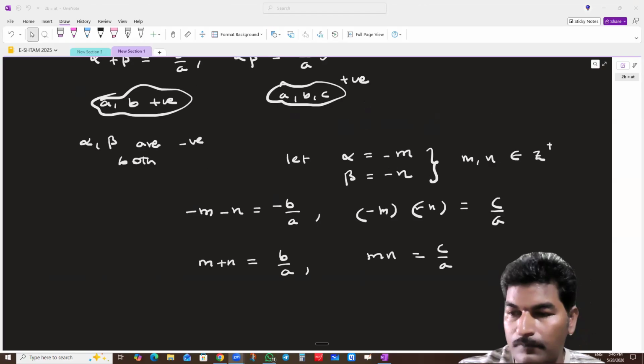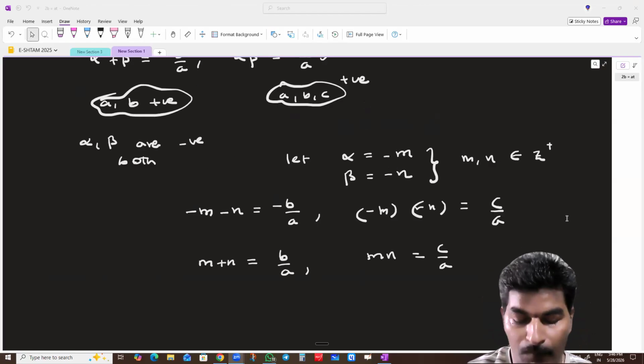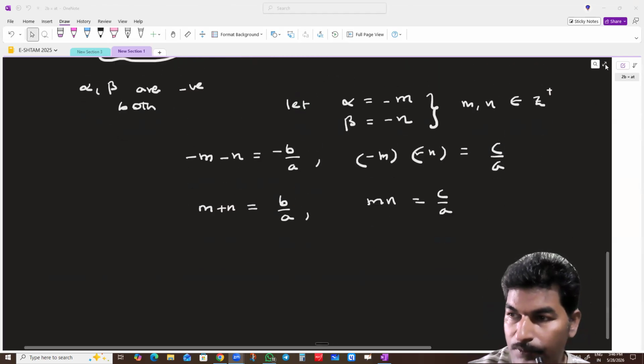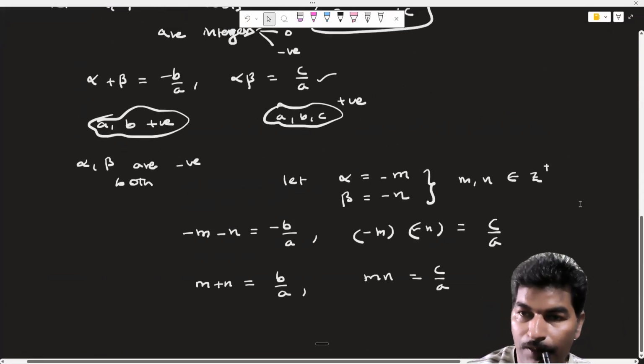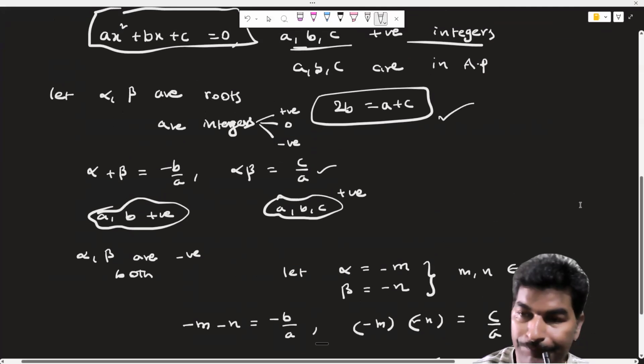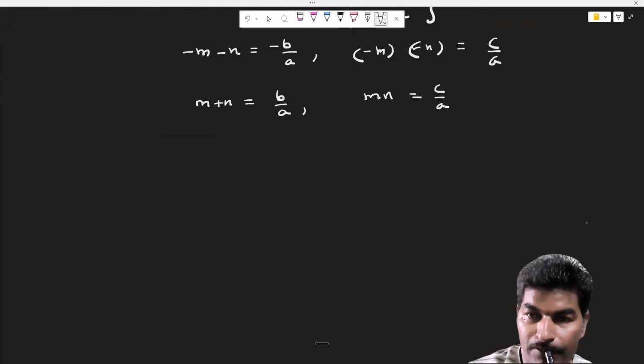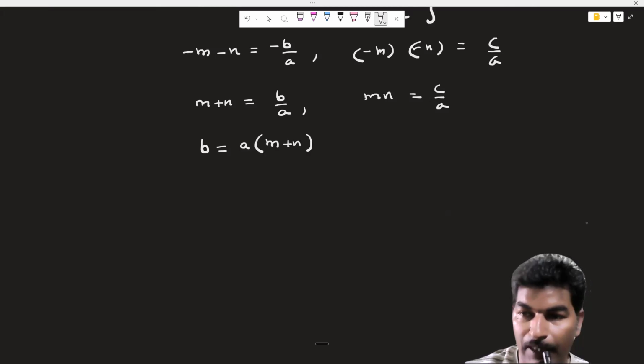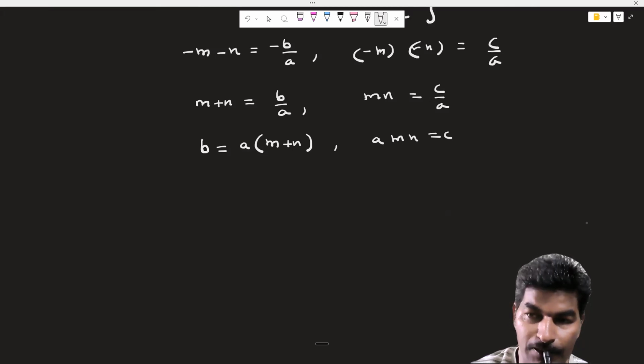Now, what we can do is use these values in the arithmetic progression condition. From m plus n equal to b by a, we can write b equal to a times m plus n, and a times mn is equal to c.